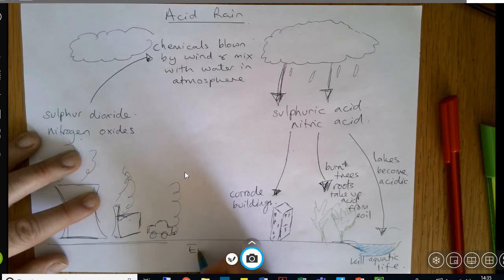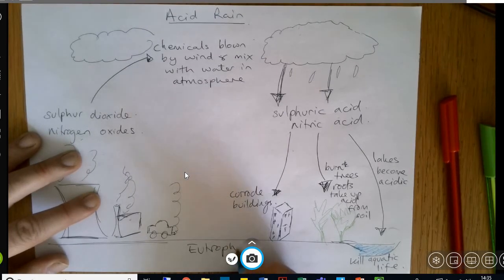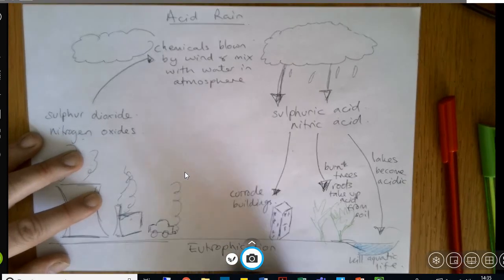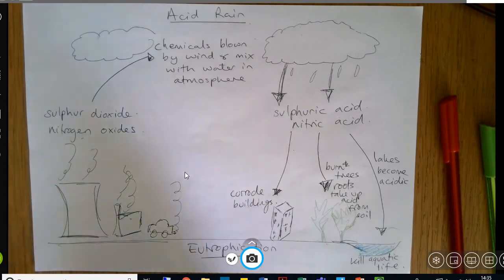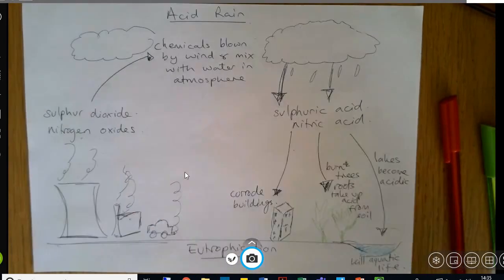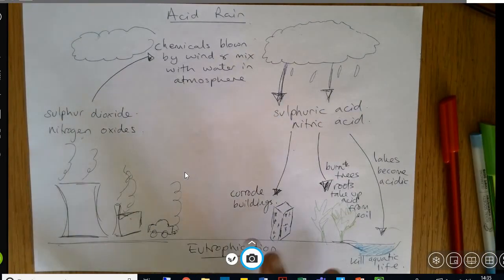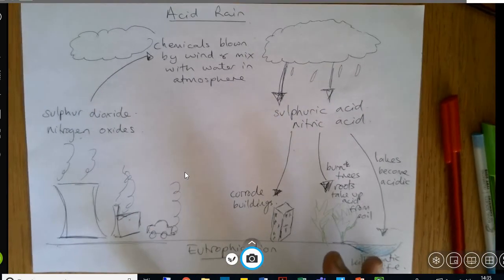Okay, so I'm going to write that down for you. Eutrophication, which is the process of water contamination, water pollution, and the effect that that has on biodiversity in water systems.